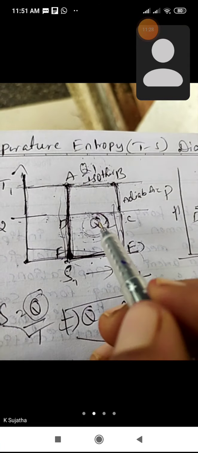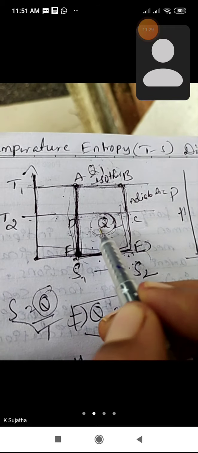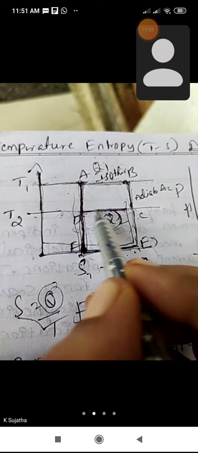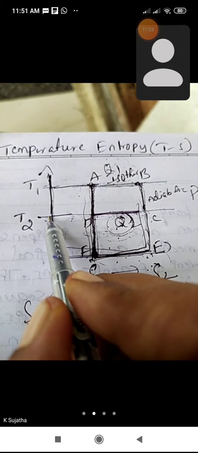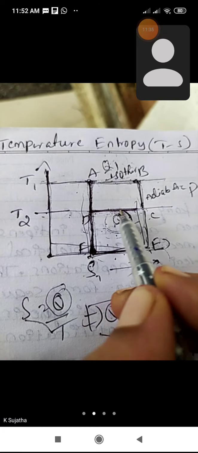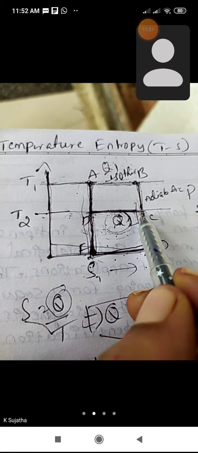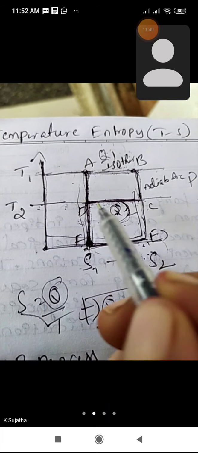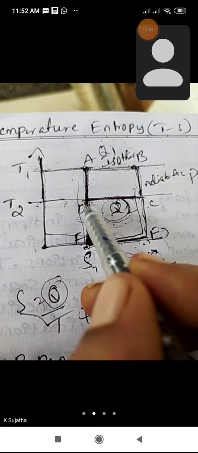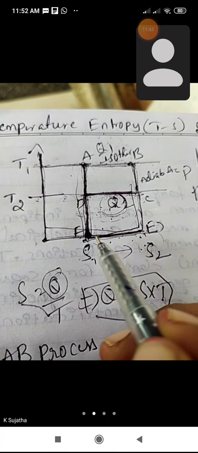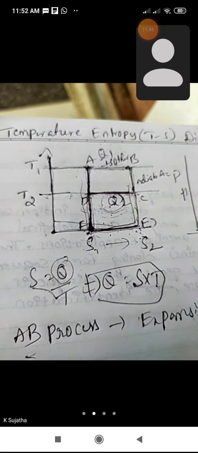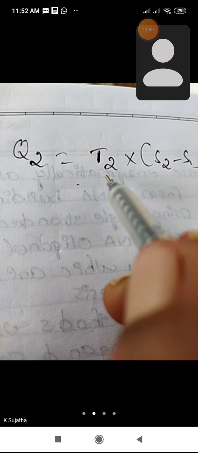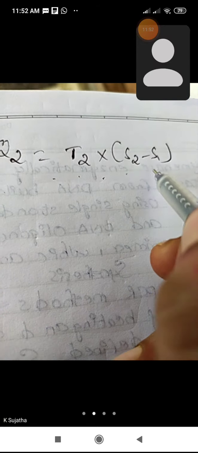So at the CD level the temperature is T2 and the change in entropy is S2 − S1 or S1 − S2. So I wrote Q2 = T2 × (S2 − S1).